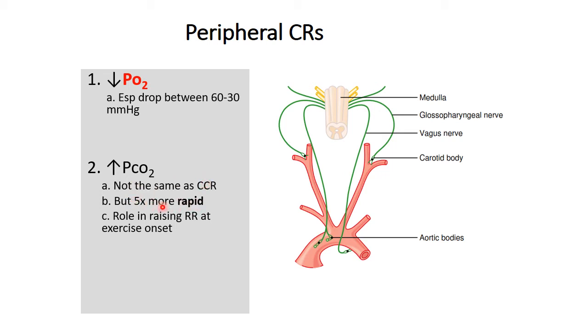However, it is rapid, and we'll talk about that in a bit. But you need to see that as compared to the effect that the PCO2 has on central chemoreceptors, the effect on peripheral chemoreceptors is not that much in comparison. However, it's rapid.